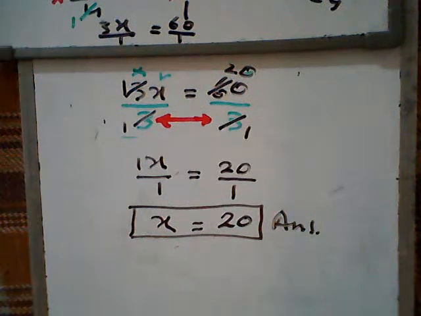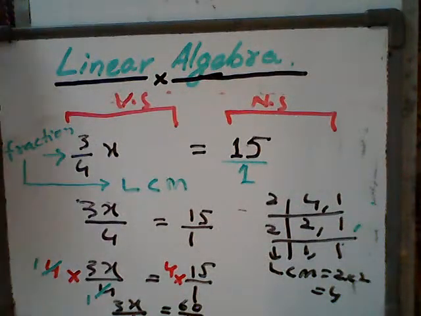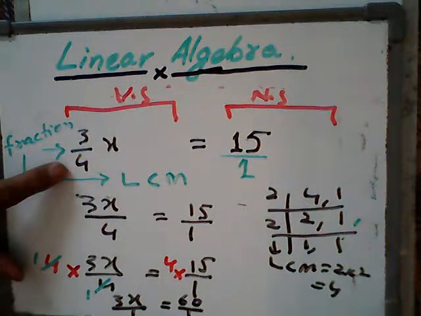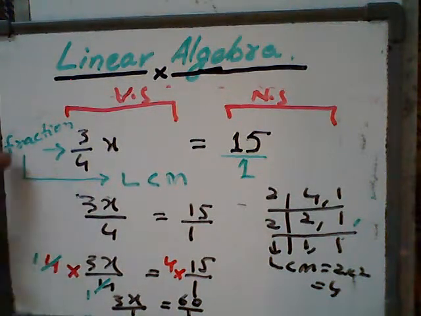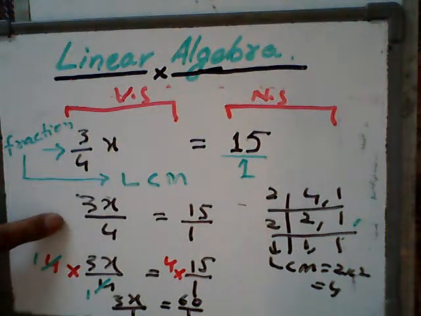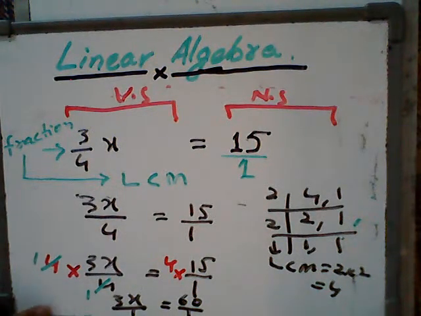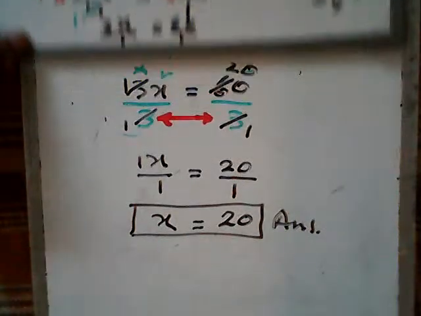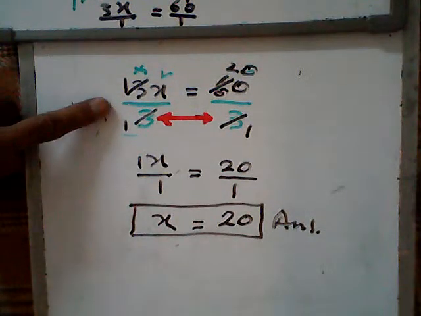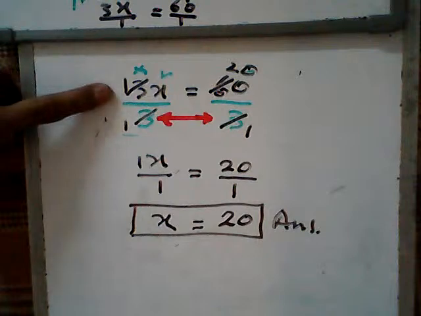So now in this question, you can see that we have a fraction. Whenever we see any fraction, we'll be doing LCM. With the LCM, we'll be removing the fraction to convert the equation into non-fractional form.